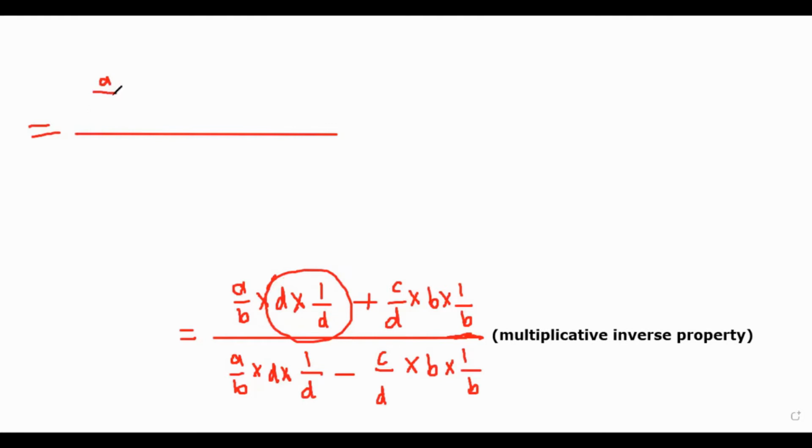So we'll be writing a by b multiplied by d by d. And on a similar basis, you will be writing c by d multiplied by b by b.